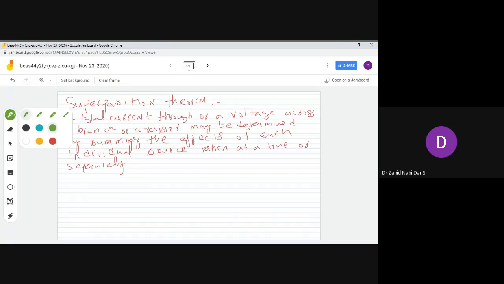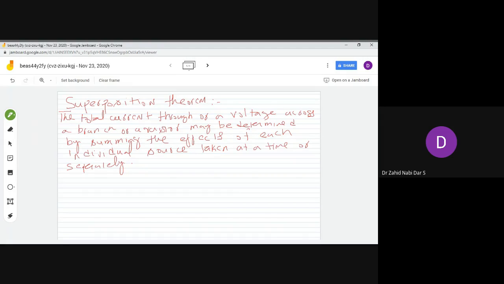If you are removing the voltage source, you have to replace it with a simple wire. That means instead of the voltage source you have to short it with a wire. So a voltage source we replace with a short circuit, since the voltage across the short circuit is 0 volts. Whereas in a current source, if you don't want current to flow, you simply open it. A current source is zeroed by replacing it with an open circuit.